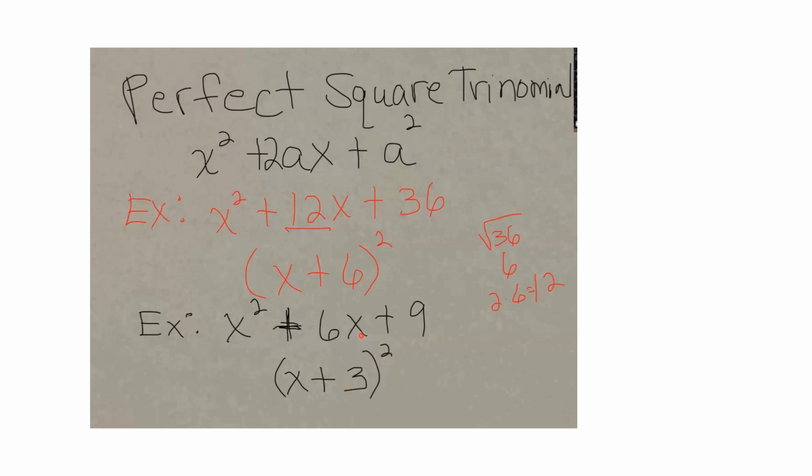Okay, I'm going to show you, though, that you can get tricked sometimes. So sometimes you might have, let's say, x squared plus 13x plus 36. And you go, oh, okay, well, this is a perfect square, and this is a perfect square.